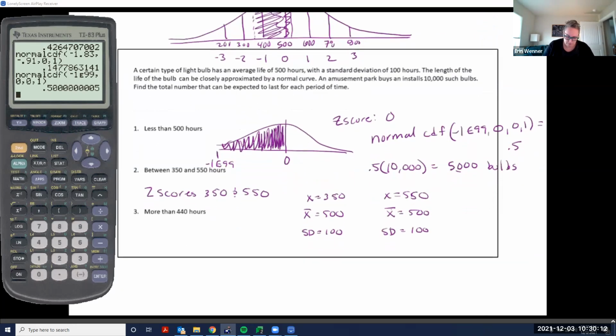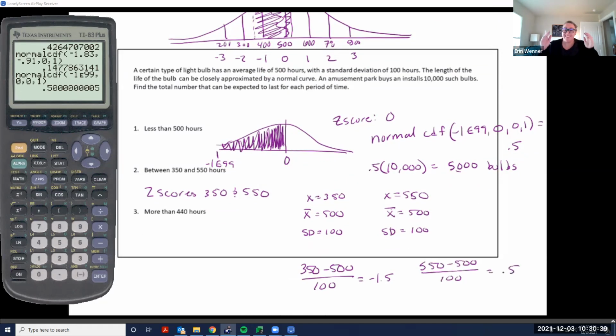So the Z-score for 350, we're going to do 350 minus 500 over 100, which gives us, what do we get here, negative 1.5. And the Z-score for 550 is going to be 550 minus 500 over 100, which is going to be 0.5.